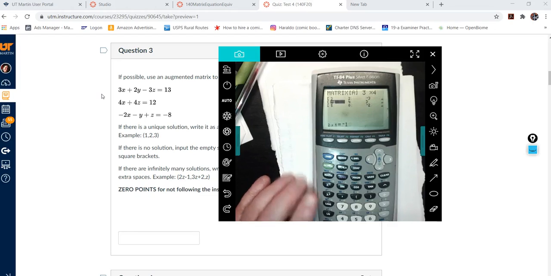The second row is going to be 4 times x, so I'll have a 4. Then there's no y term, so it's 0 times y, and then 4 for my z coefficient, and then 12. And the third row is going to be negative 2, negative 1, 1, and negative 8.